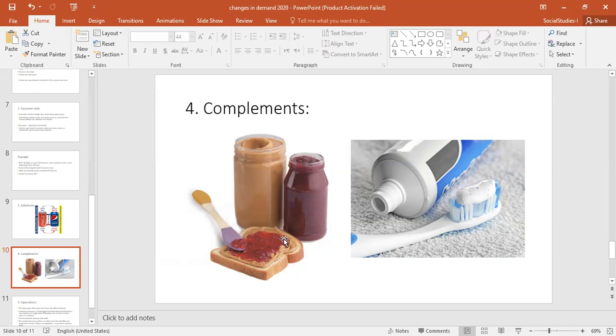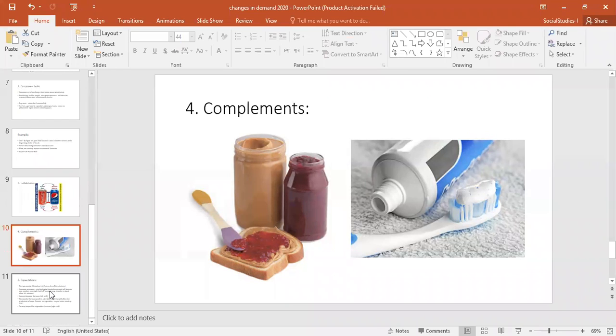Same goes for hot dogs and hot dog buns. If the price of hot dogs goes down, the demand for hot dogs goes up, and automatically the demand for the buns will go up because, again, they're complementary goods.